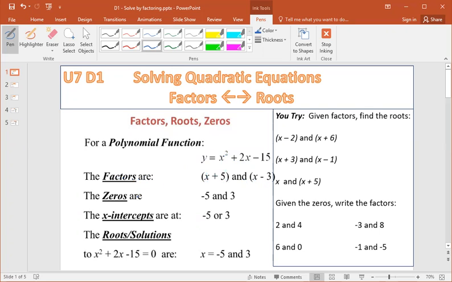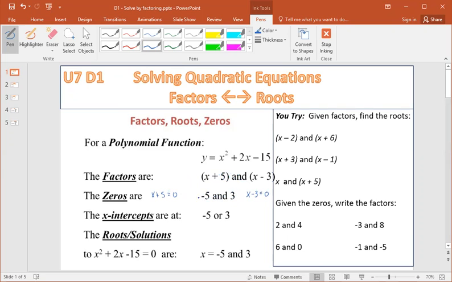In order to find the zeros, x-intercepts, roots, solution, what we're doing is setting each of these factors equal to 0, okay? So if I took x plus 5 and set that equal to 0, I get negative 5. And if I set x minus 3 equal to 0, I end up with 3.